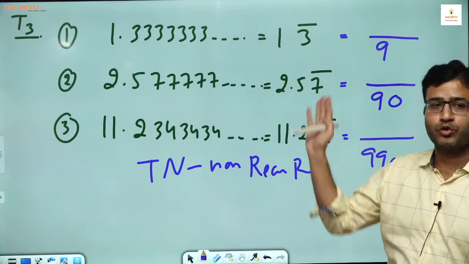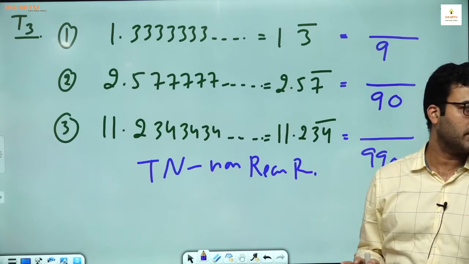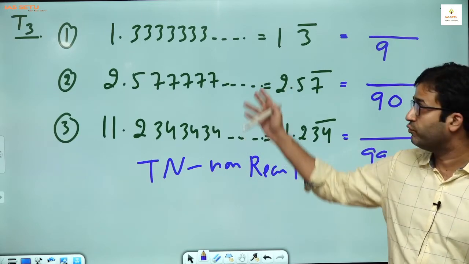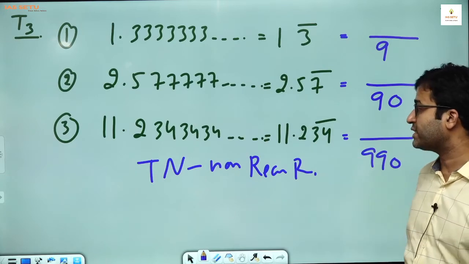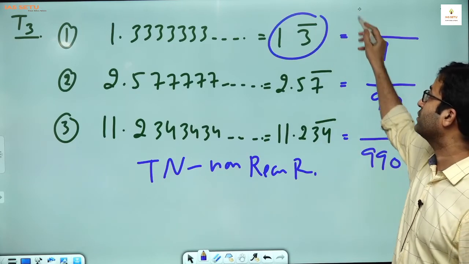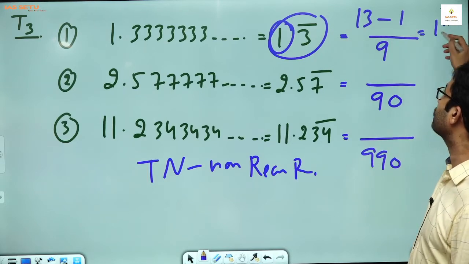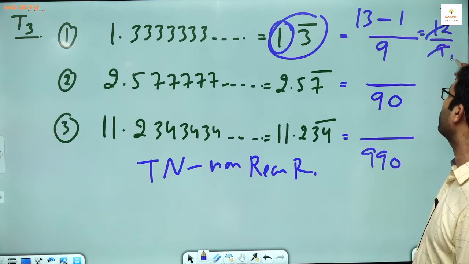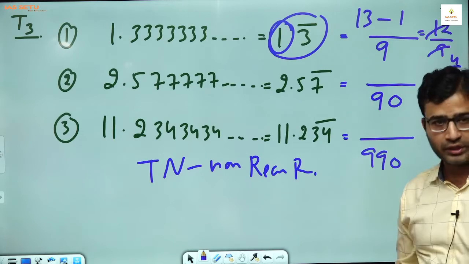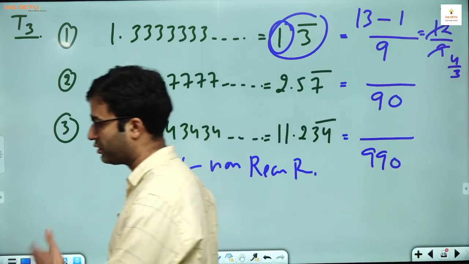Because this 1 is also non-recurring. Non-recurring can be before the decimal or after the decimal. Only the 3 will repeat. So what is the numerator? Total number 13 minus 1. So this is 12 by 9. This is 4 by 3. You can check with your calculator. We know 4 by 3 is 1.3333.